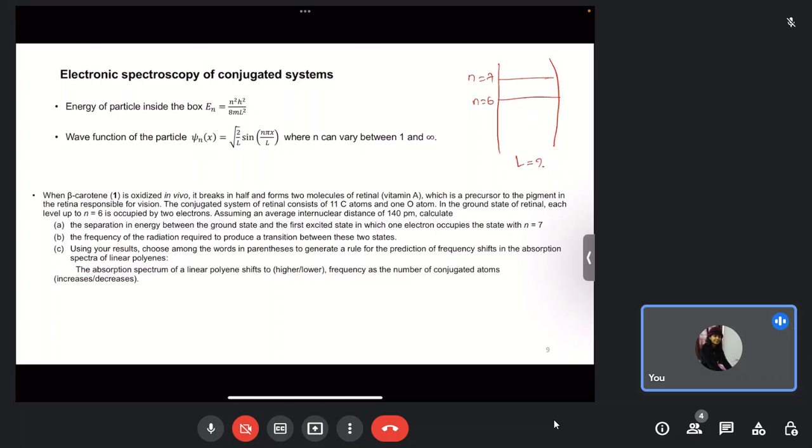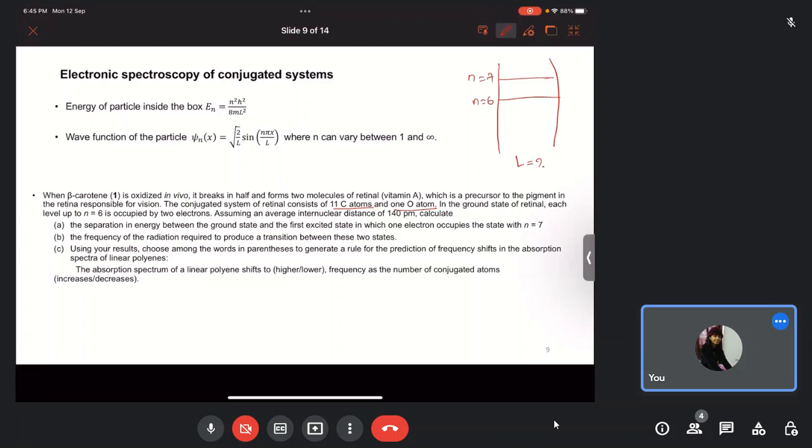So here we have 11 carbon atoms and 1 oxygen atom where it is conjugating.